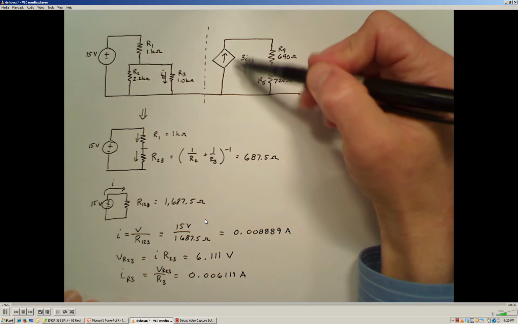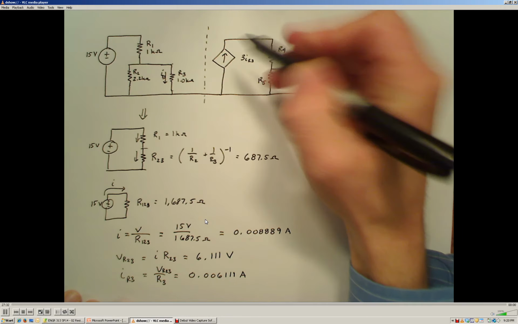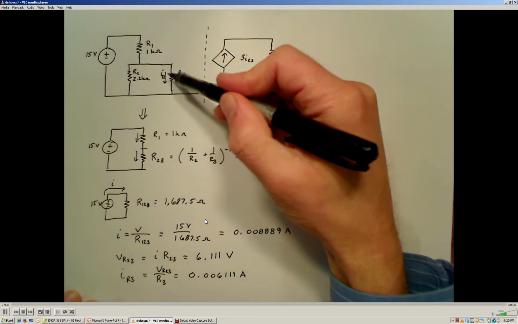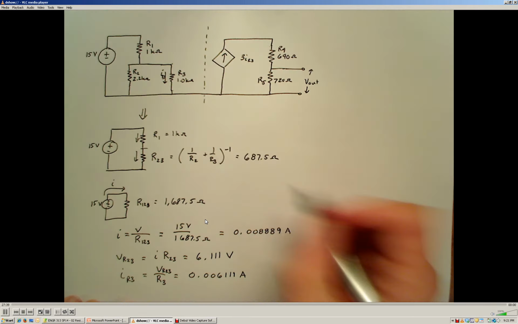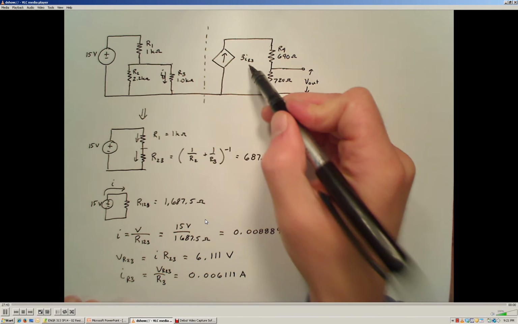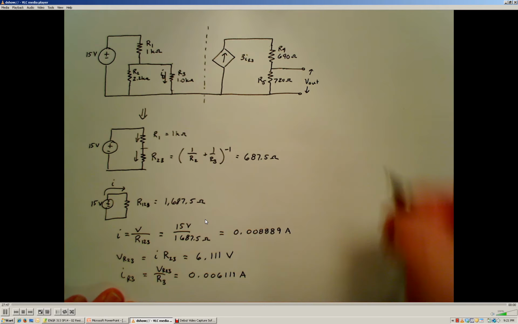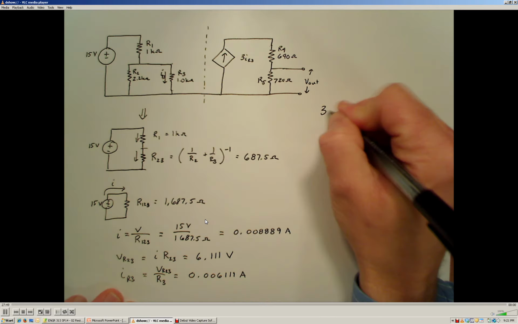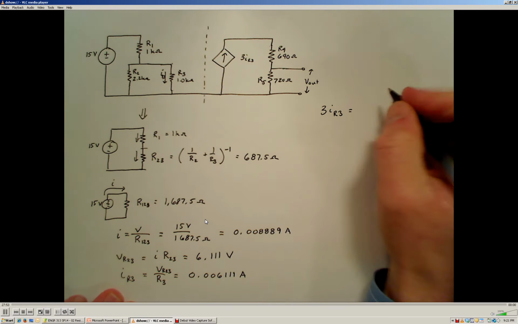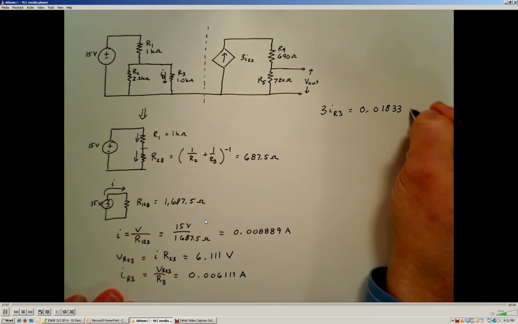So now we know how much current passes through resistor R3, and the current provided to this loop of the circuit depends upon it. We're told that this dependent current supply provides a current of 3 times the current passing through resistor R3. So 3 I_R3 is 0.01833 amps.